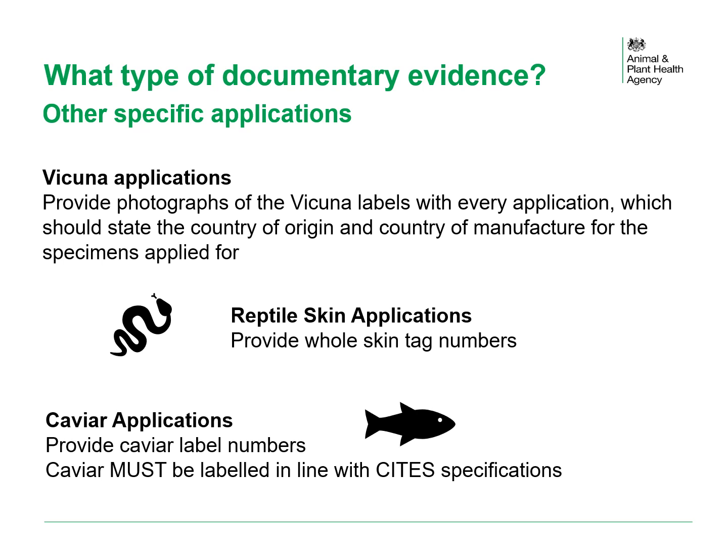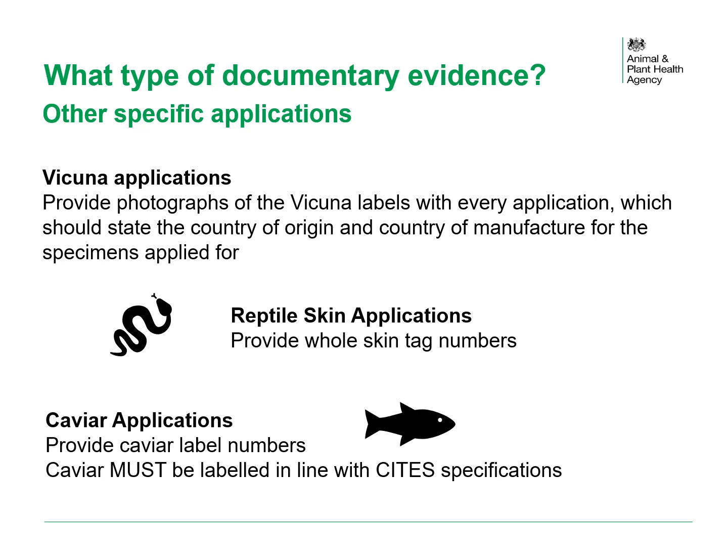Finally, some things to remember about the documentary evidence you need to provide if you are submitting applications for Vicuna, whole reptile skins or caviar. If making Vicuna applications, you must provide photographs of the Vicuna labels with every application, which should state the country of origin and the country of manufacture for the specimens applied for.